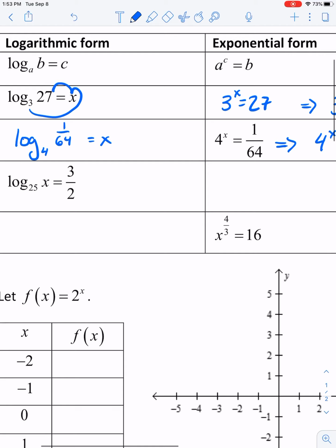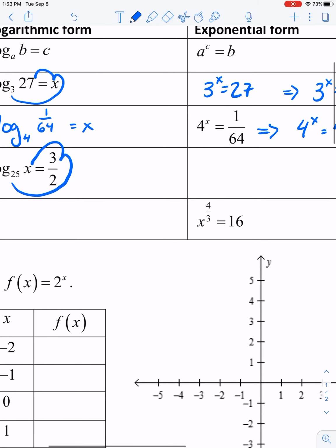On this one, log base 25 of x equals 3 halves. You see my little I heart logs: 25 to the 3 halves is equal to x. The only time that I ever write my fractions with a slanted line like I did right there is when they're exponents.